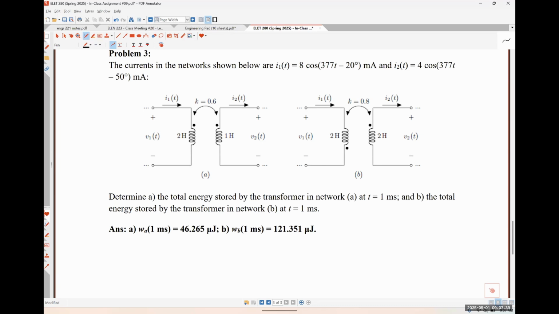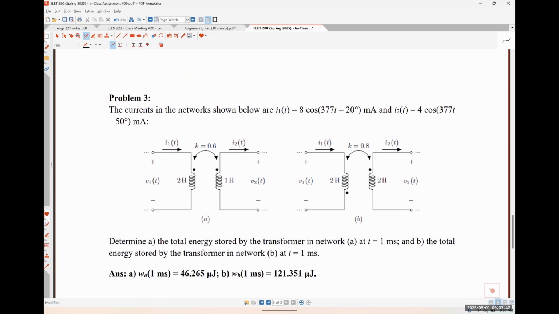If we go back to our notes from last Thursday, if I'm recalling correctly, I guess I could just look in front of me. We would find that M is simply K times the square root of L1 times L2. Okay.